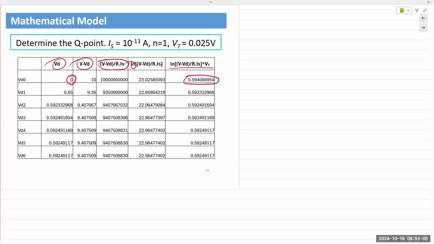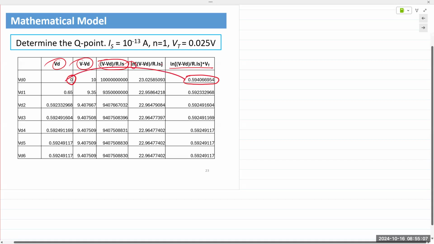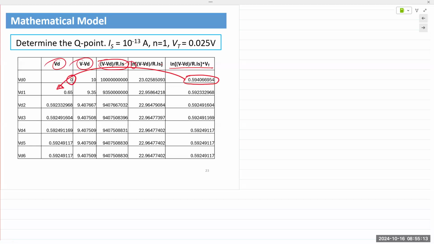Then I could take the 0.594 and do a second iteration. But this was just an example to show. Instead of going from 0 to 0.594, I know my diode voltage has to be between 0.6 and 0.7, right? Diode voltage must be between 0.6 and 0.7. And so I chose 0.65.